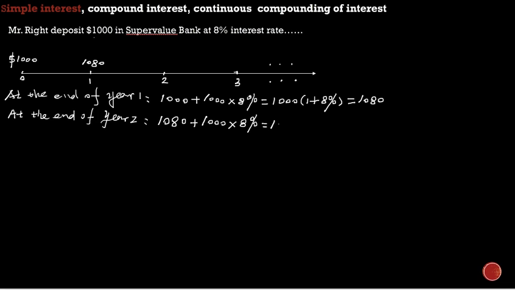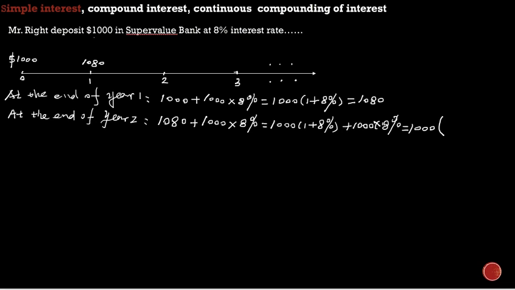I just write the term plus the second year's interest, the interest times 8% equals 1,000 out, parenthesis, take 1,000 out and put all the left in a parenthesis.